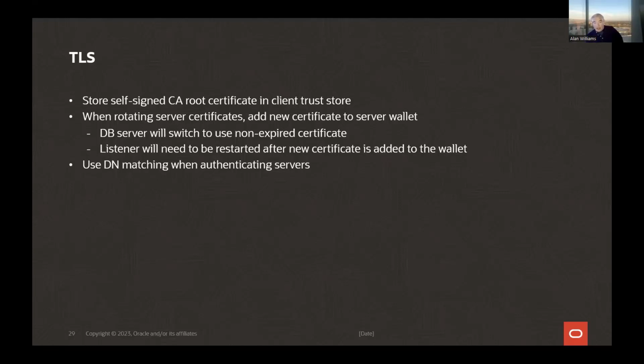You could set the TLS protocol, let's say it was DB 23c, you can set it for 1.3. We don't usually see people requesting to set it to a lower protocol. What happens between the client and the server is that they'll negotiate the highest protocol and the strongest cipher suite to use.